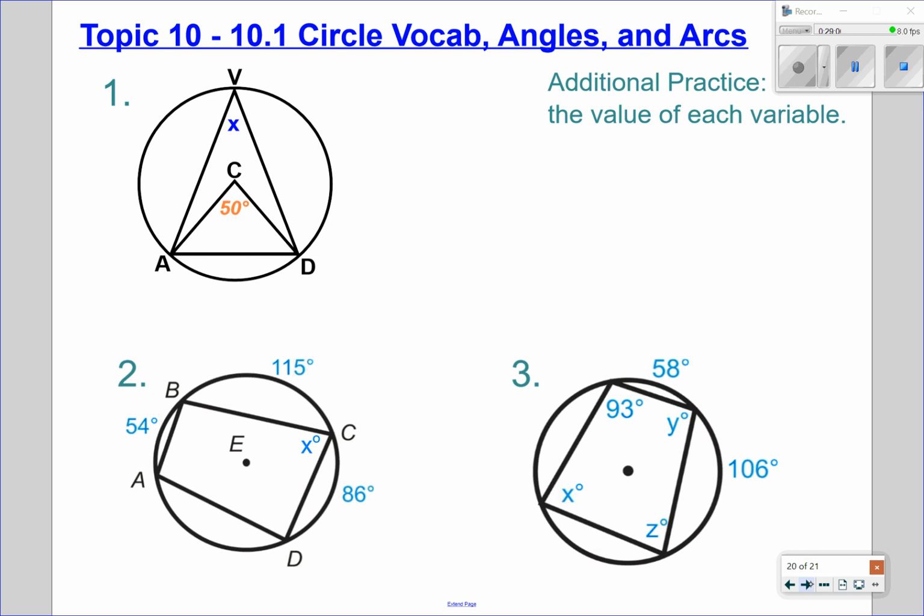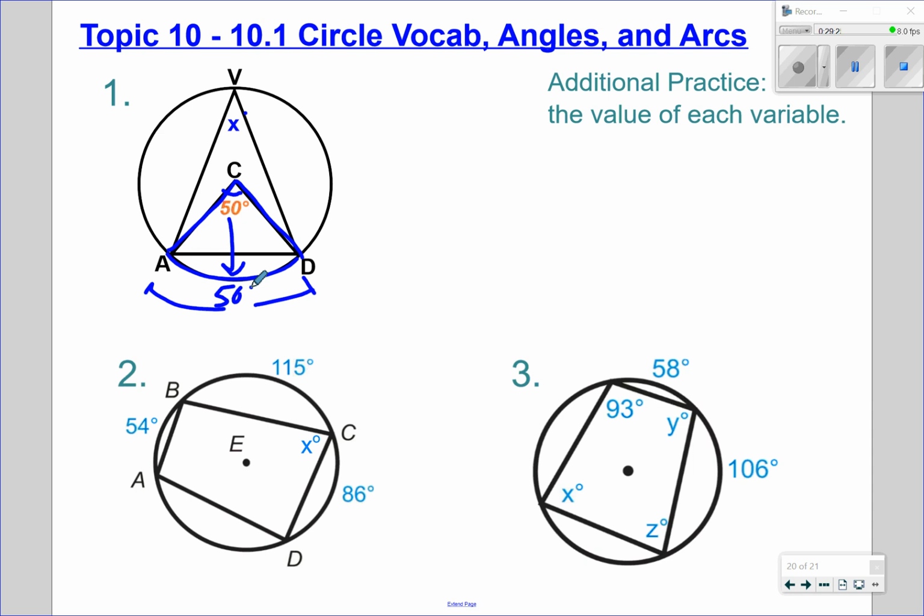Let's check our answers. I'm going to go ahead and walk you through them. So first of all, we're finding x for number 1. So we have this 50 degrees, which represents our central angle, or angle ACD. We have to use what we know about the central angle. Well, the first thing we talked about is that the central angle actually equals the arc measure of its intercepted arc.